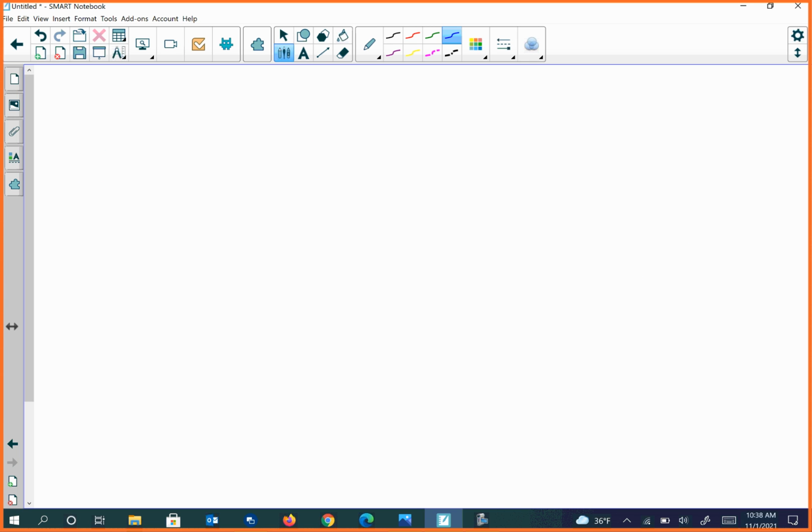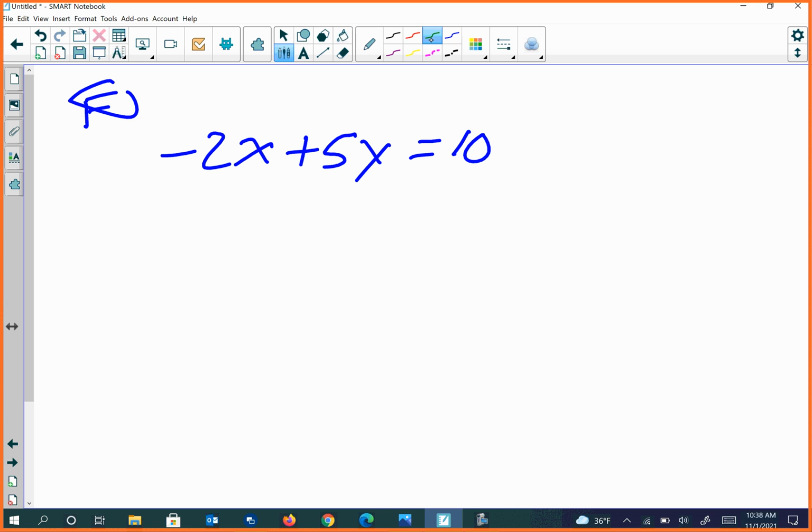All right, let's go to letter F. This is the equation I want to do for letter F. Question number 1, are the X and the Y both on the same side of the equal sign? They sure are. So I'm going to go 0, comma, blank, blank, comma, 0.